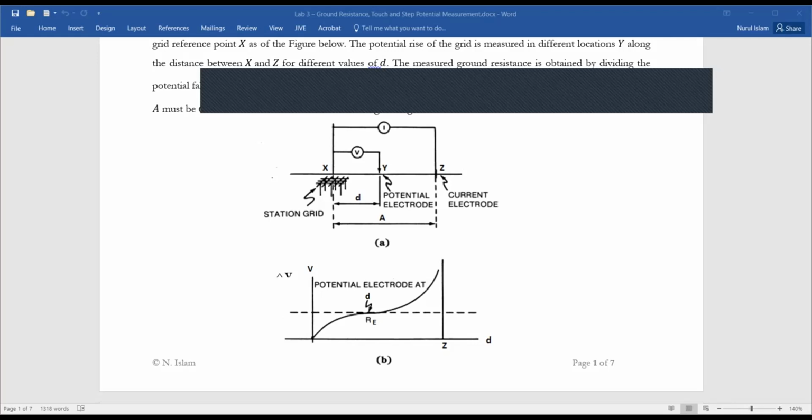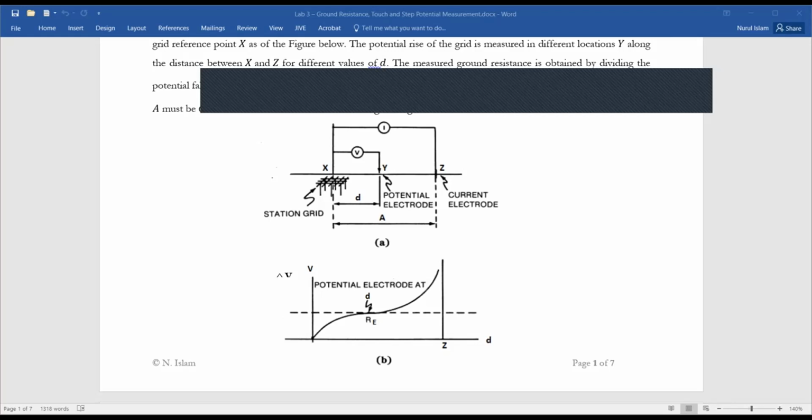So let's say this is the grounding grid, where we have the transformer neutral connected to the ground. That transformer neutral is our reference. We will drive the auxiliary electrode far away from the ground grid, in any direction which is doable for you.